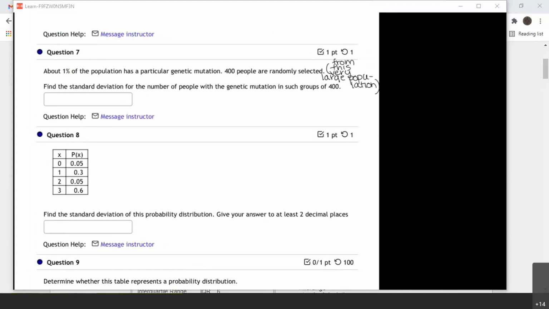So we might be saying this is the population of all people living in the United States, some 330 million people, and we're selecting a sample of 400. Find the standard deviation for the number of people with the genetic mutation in such groups of 400. So across all of these samples of 400.